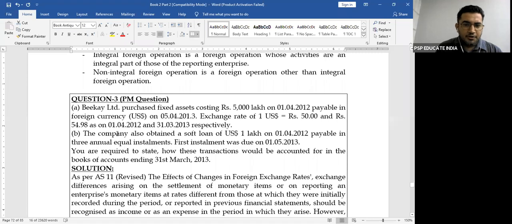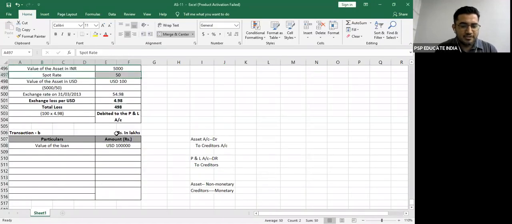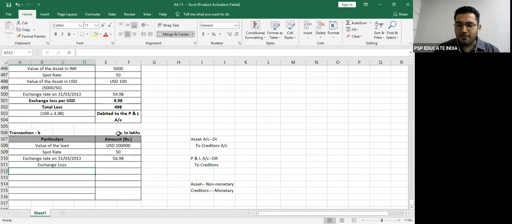Okay. Your rate again will be the same as given in the question. So we will take spot rate is 50 and the exchange rate on 31st March 2013 is 54.98. Tell me, exchange gain or loss?